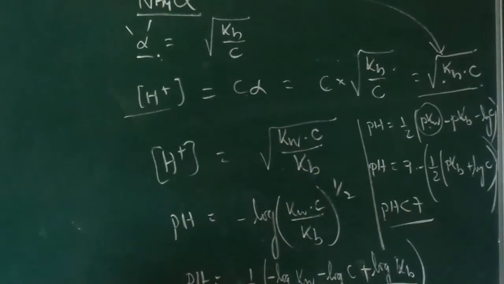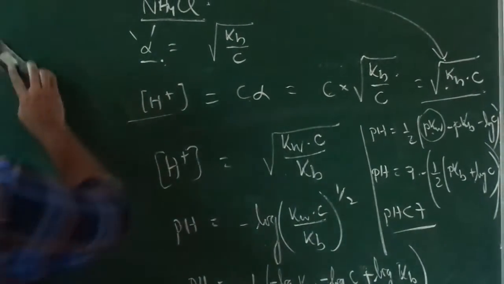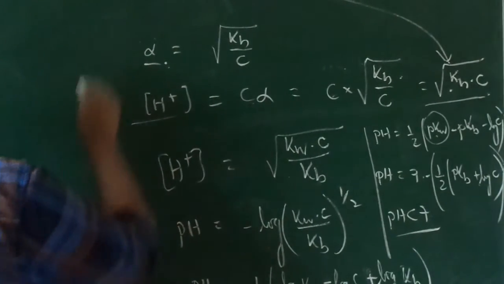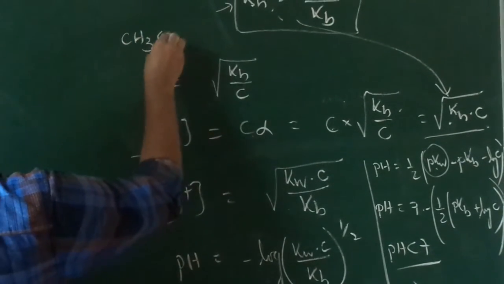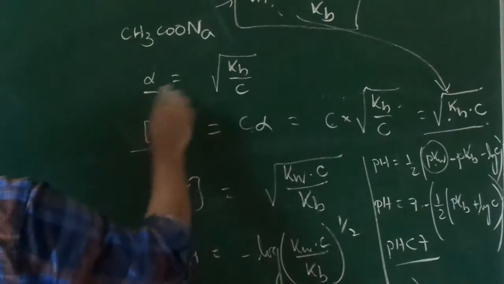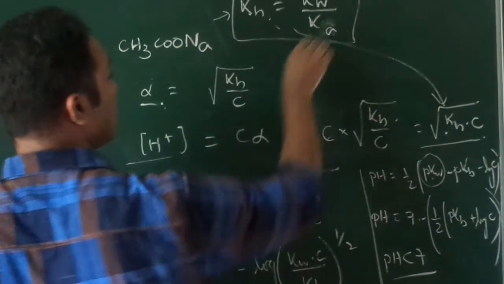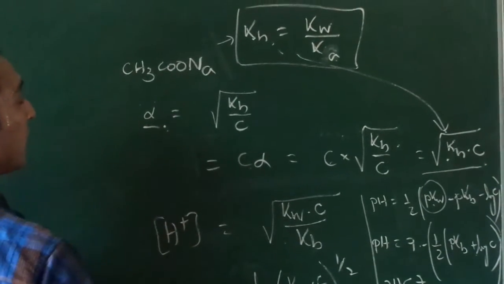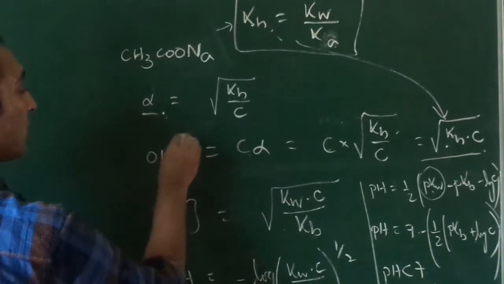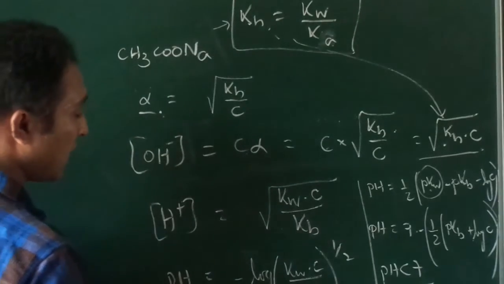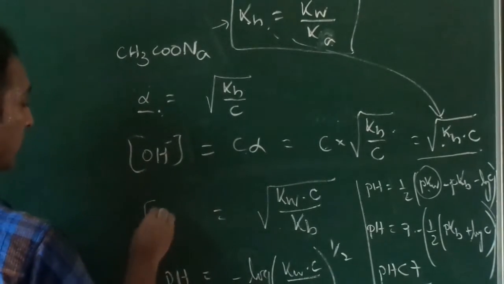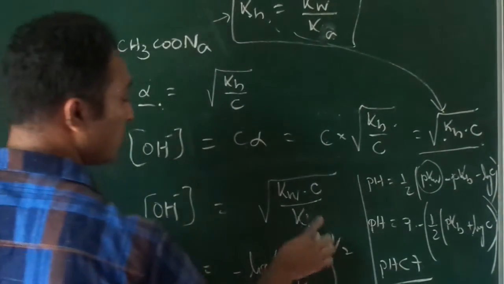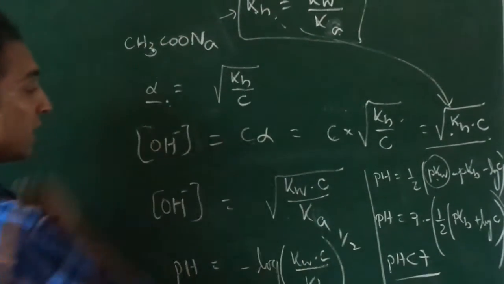So if you understood this, it will be very similar and interesting for a salt of strong base and a weak acid. Now if I replace it like this, this gets replaced by Ka, right? This remains the same, and here you need to find out OH minus because it is a strong base salt. So OH minus becomes C alpha. Here you get OH minus as this, but remember students, this becomes Ka because the acid part here is weak.